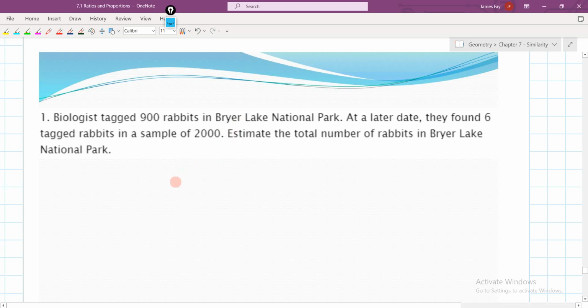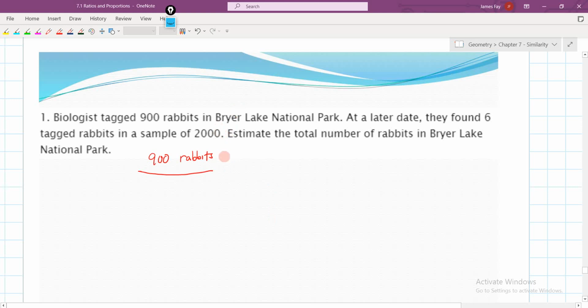It says at a later date, they found 6 tagged rabbits in a sample of 2,000. Estimate the total number of rabbits in Briar Lake National Park. So in biology, they tagged 900. Okay, so 900 rabbits were tagged.